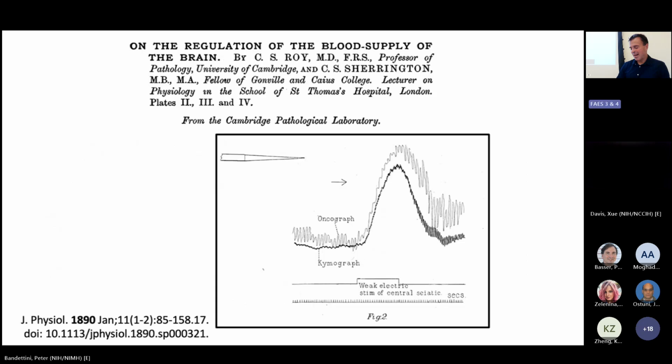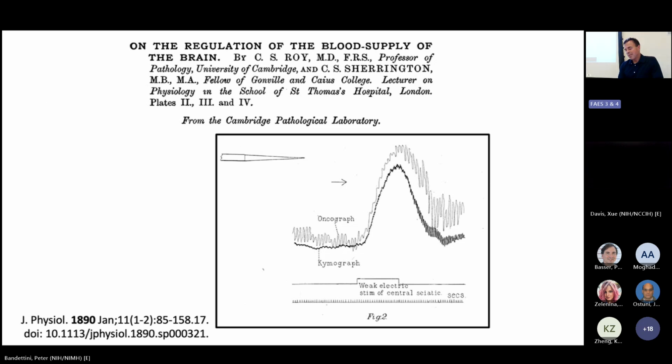A paper that was just completely brilliant and was really prescient for all of fMRI, that is an amazing paper, was by Roy and Sherrington. And this was published way back in 1890. And there they had an animal, and they opened up the skull, and they were measuring something that was very sensitive to breathing, and also a measure related to blood pressure.